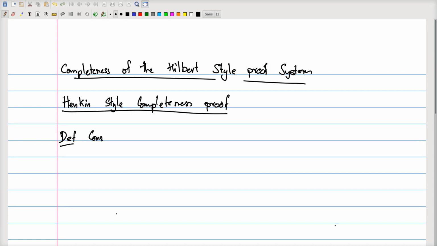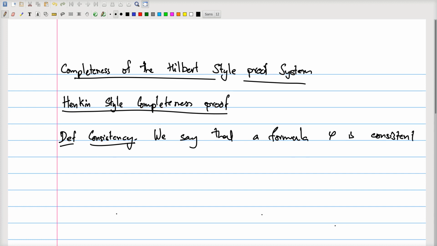Consistency. We say that a formula phi is consistent if it is not the case that we can prove not phi. Okay, so let me write it in English.